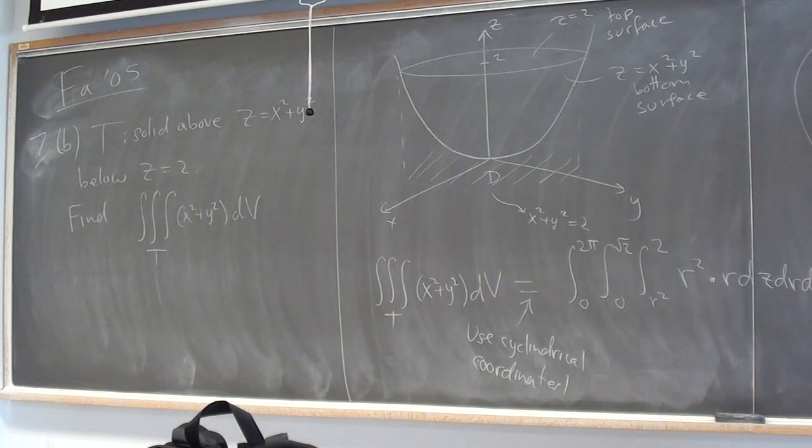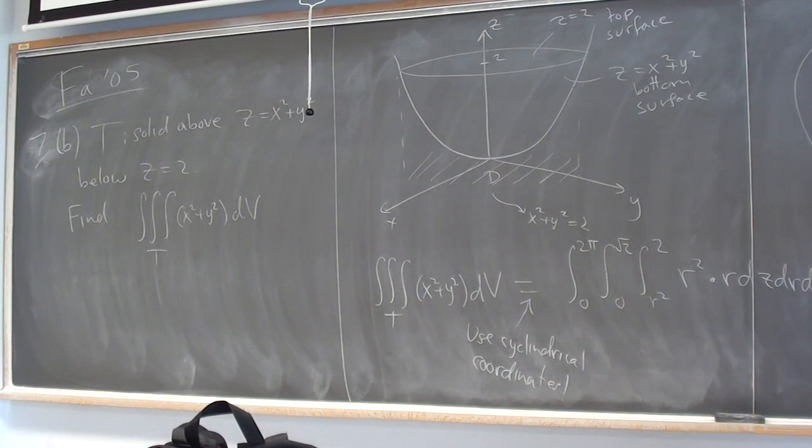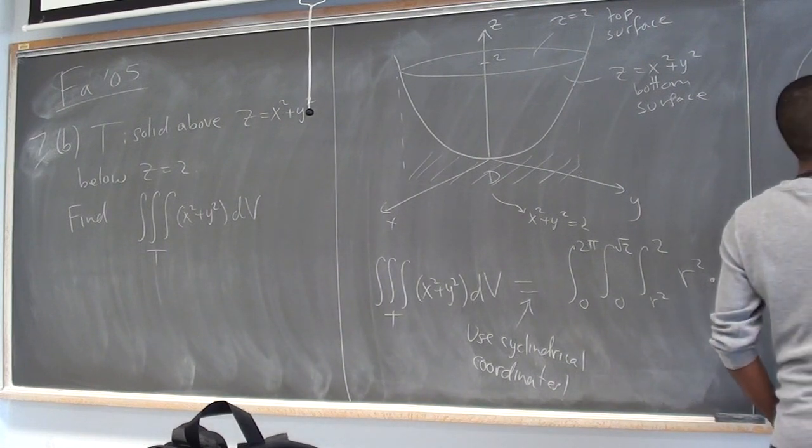So this is just r cubed z from r squared to 2. So it'll be like the other problem then.